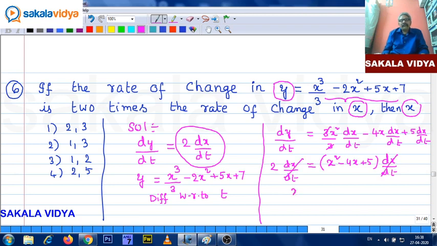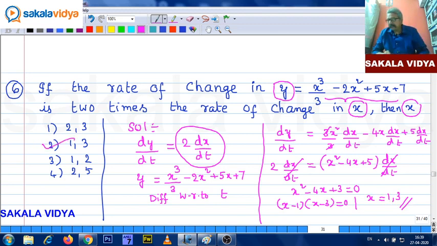So, we have x square minus 4x plus 5 equals 2, bring to this side, plus 3 equals 0. We get a quadratic equation in x. So, factors are x minus 1 into x minus 3. Am I correct? So, we get x is equal to 1 or 3, 1 comma 3. So, second option is the right option. Yes, option 2.